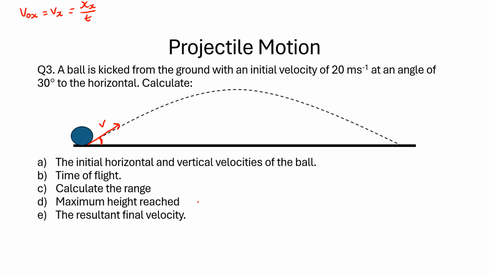And the vertical motion is an accelerated motion under the influence of gravity. So ay will be 9.8 meters per second squared downwards, and ax is equal to 0. So what is the difference?